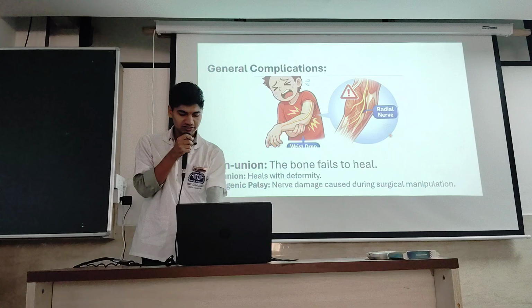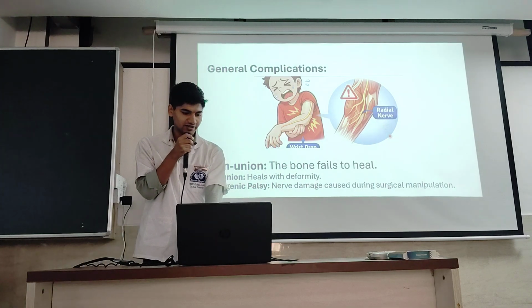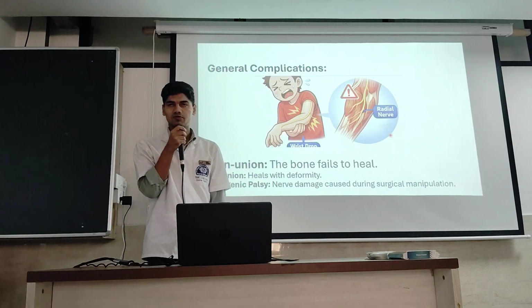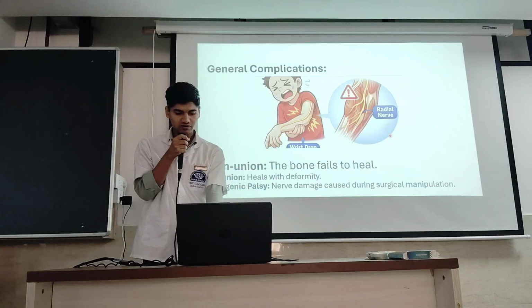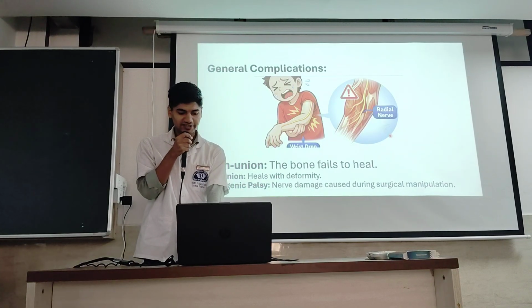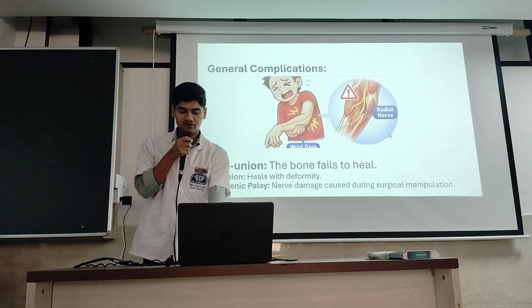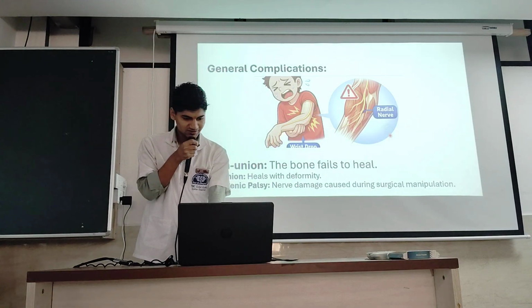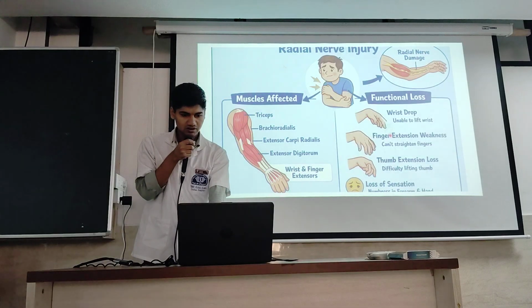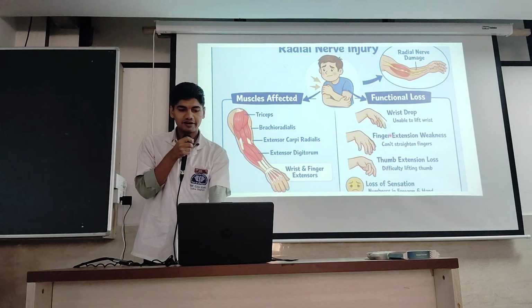The general complications of mid-shaft fracture of humerus are non-union, in which the bone fails to heal; malunion, which heals with deformity; and iatrogenic palsy, nerve damage caused while doing surgery. It also causes radial nerve injury.